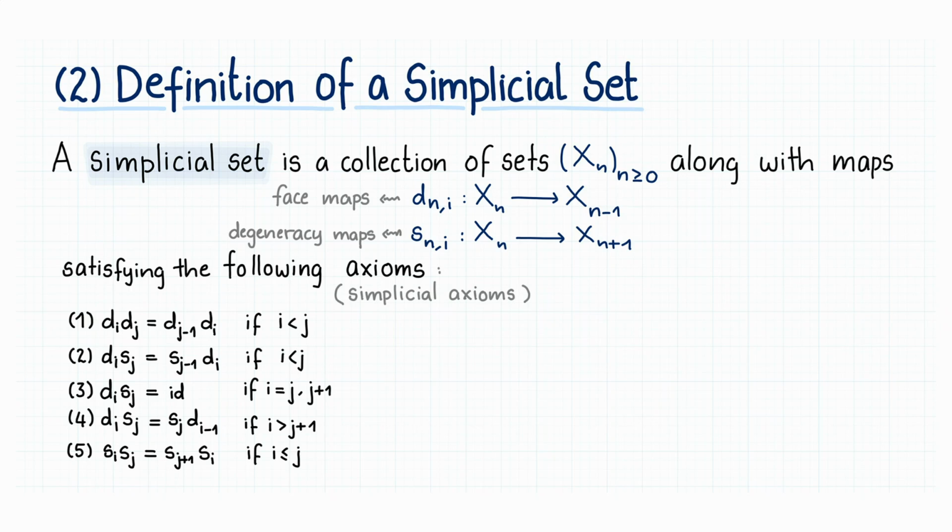I didn't talk about degeneracy maps before because they don't really mean anything geometrically. What a degeneracy map does is increase the dimension of the simplex, but it doesn't really change the simplex. For instance, you can take a 2 simplex, collapse one of its edges, and get back a 1 simplex.